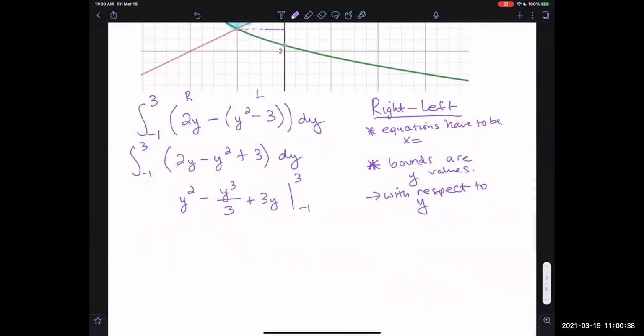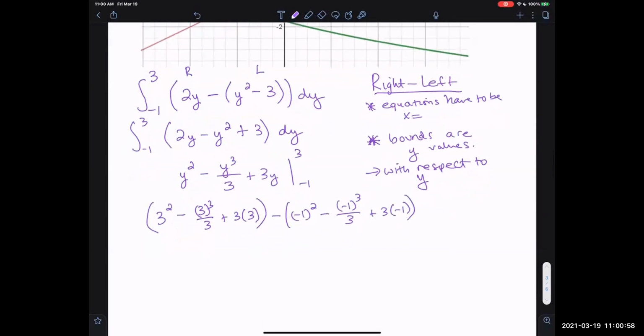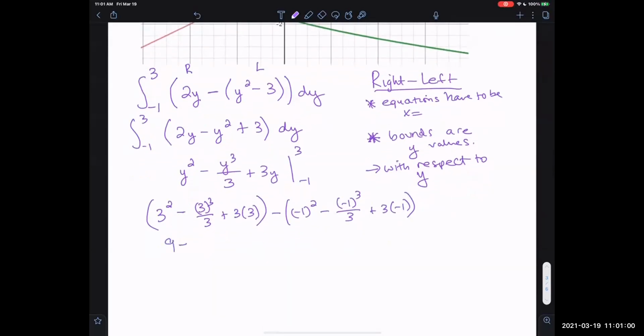So when I plug in 3 squared minus 3 cubed over 3 plus 3 times 3, minus -1 squared minus -1 cubed over 3, 3 times -1. 9 minus this is 27 divided by 3, which is 9, plus 9.